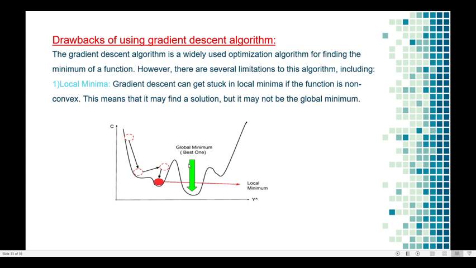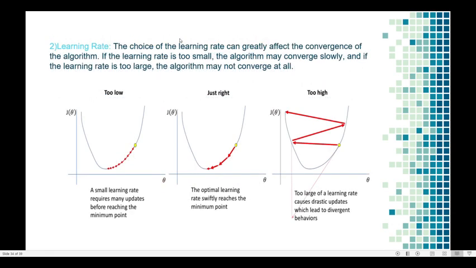One more problem is choosing the learning rate, alpha. The choice of the learning rate can greatly affect the convergence of this algorithm. If the learning rate is too small, the algorithm may converge slowly, and if the learning rate is too large, the algorithm may not converge well. If we choose too small, we require many iterations.